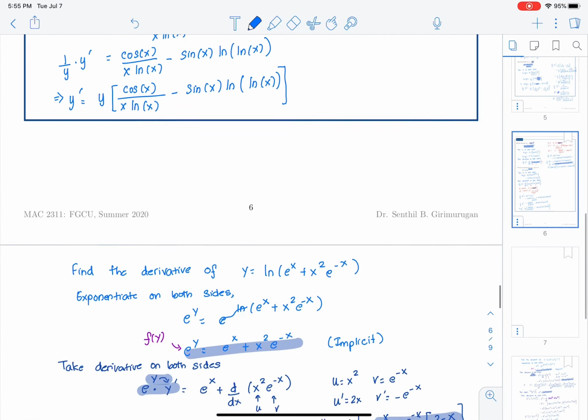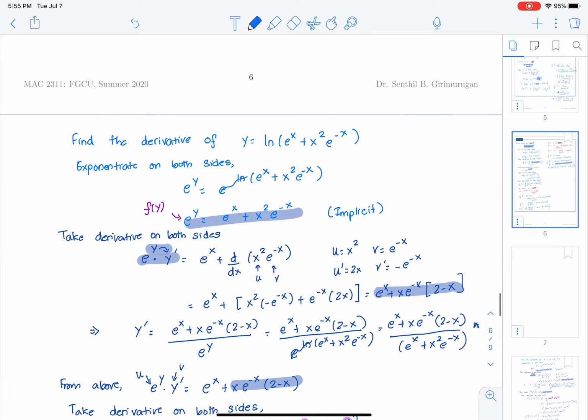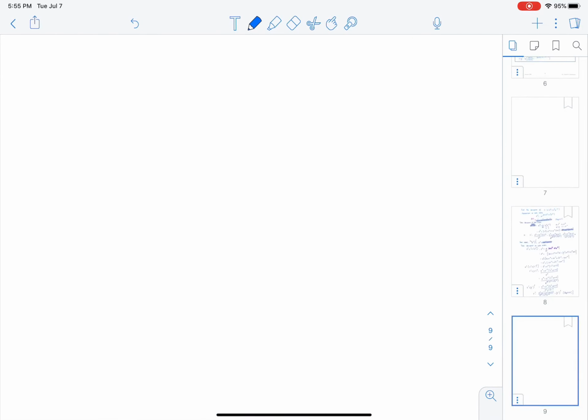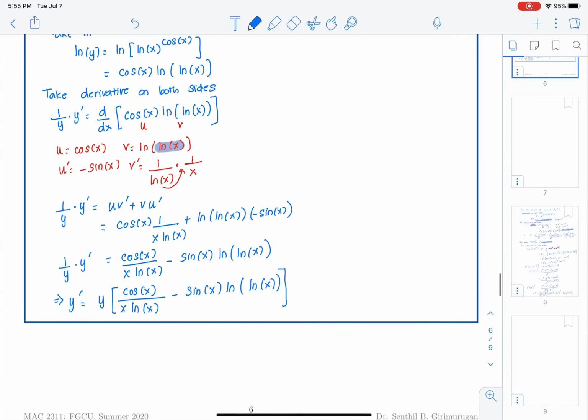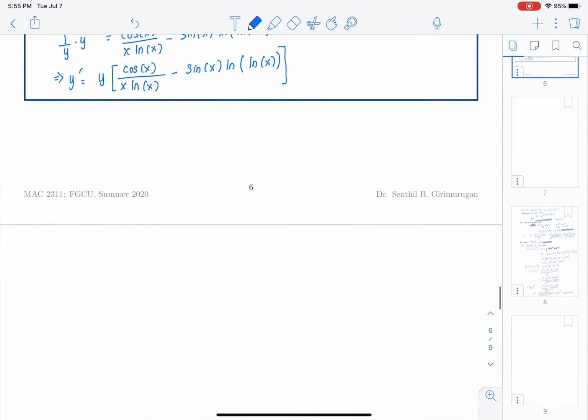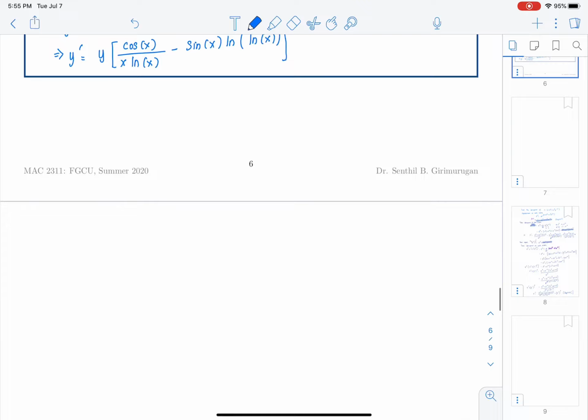Trying to insert a page. Could I insert a page? Okay, I did. So I need extra space here because the second derivative is going to take a lot of space.